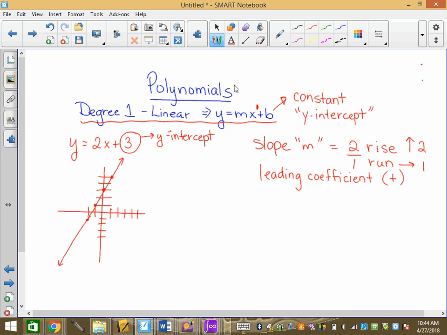Okay. So we know that our constant is our y-intercept. We know that our leading coefficient is positive. The leading coefficient tells you how you end on the right.